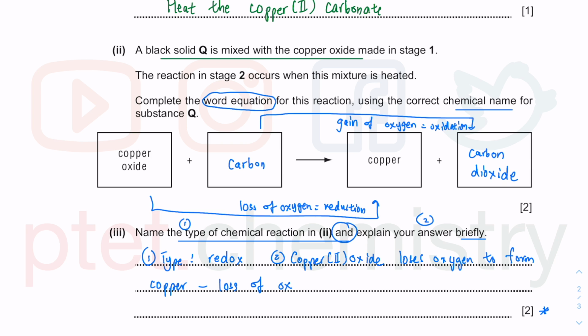This is something that we would have covered in the lecture tutorial anyway. So you should be able to come up with this kind of concept as a 14 to 16 year old chemistry student. Okay, so what happened to the carbon? The carbon gains the oxygen atom. It steals the oxygen from the copper oxide, and therefore gain of oxygen is oxidation.